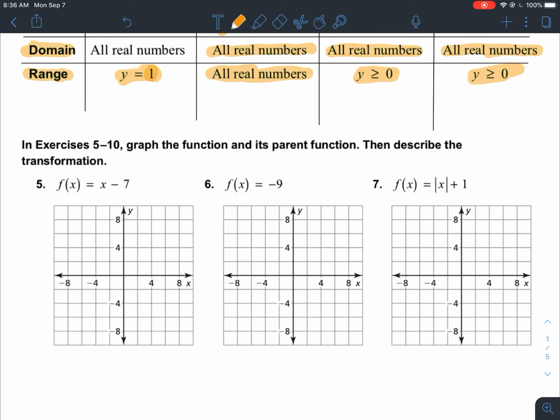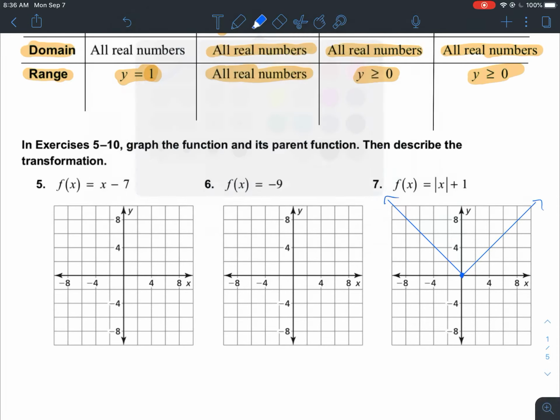I'm probably not going to go over them, but you can take time to graph something like these. As a refresher, I will graph number 7. First I'm going to graph the parent function. The parent function has a vertex right at 0, 0, so start with 0, 0. The plus 1 is happening outside of the absolute value function, which means it's a vertical transformation up 1 unit.